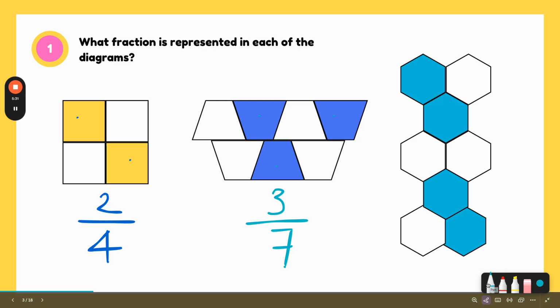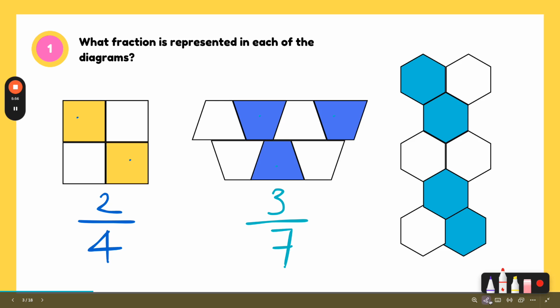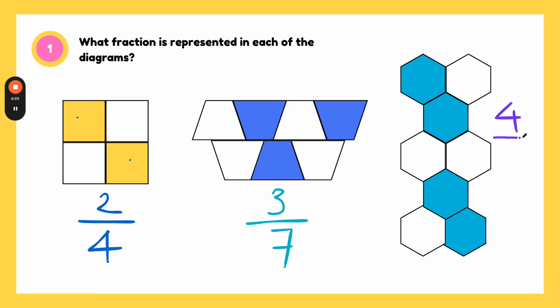Okay, so the final diagram. Our first step is to look for how many parts are shaded. If we count how many are shaded, we have 1, 2, 3, 4, which means our numerator would be 4 in this case.